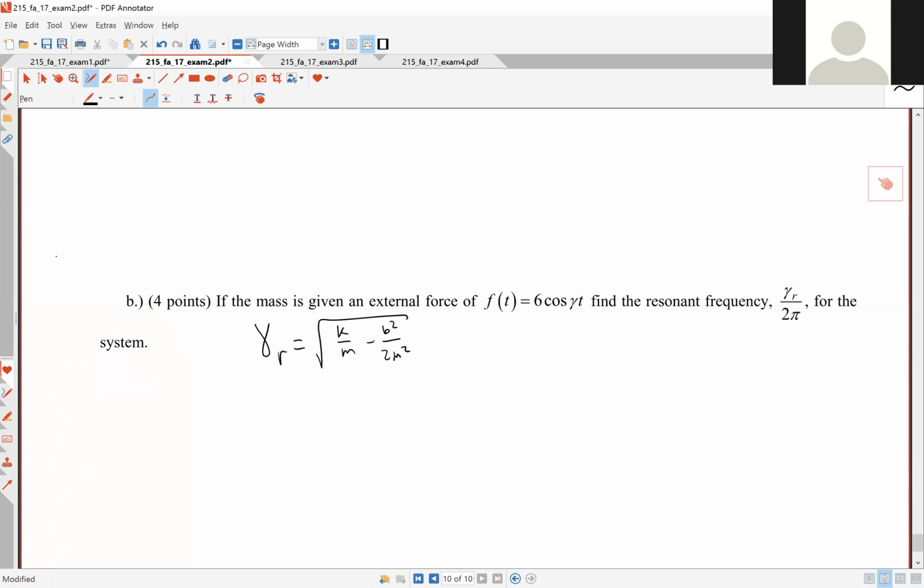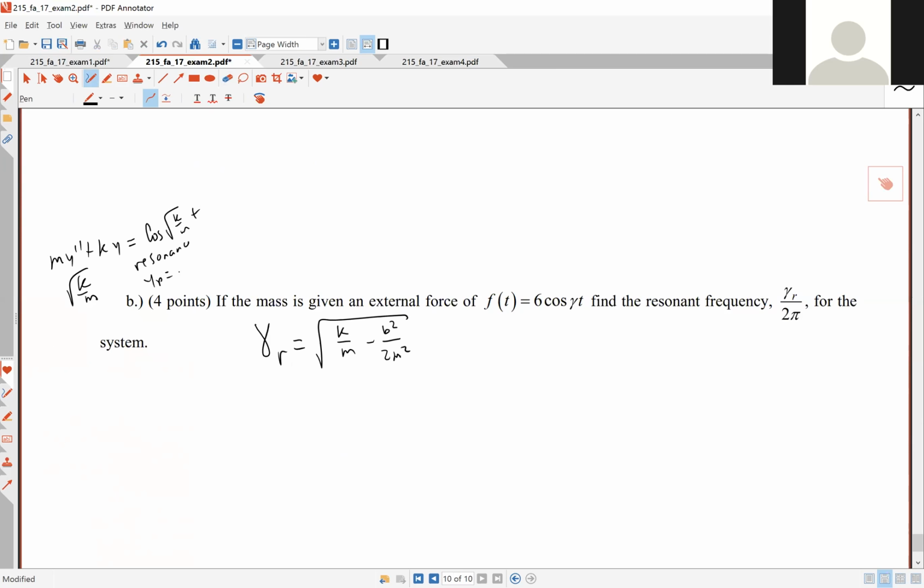And so remember, if you have simple harmonic motion, m y double prime plus k y, the resonant frequency there was square root k over m. And so if b equals 0, meaning no damping, you get the same resonant frequency, square root k over m. So that was what we said. If you drove this at cosine square root k over m t, then we would hit resonance.